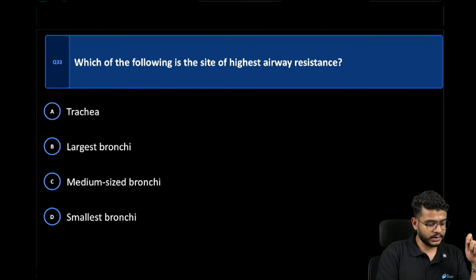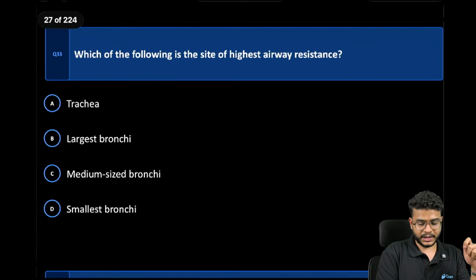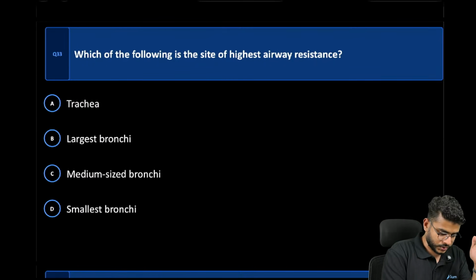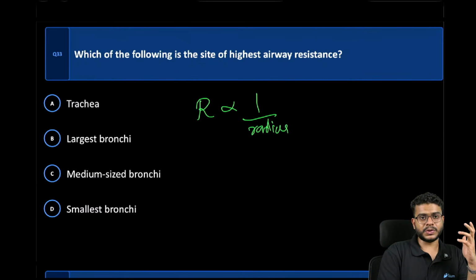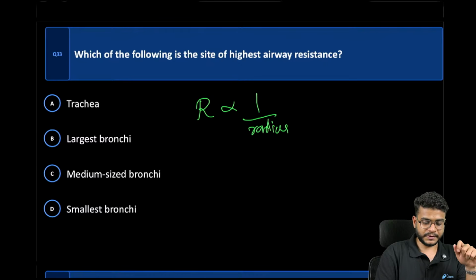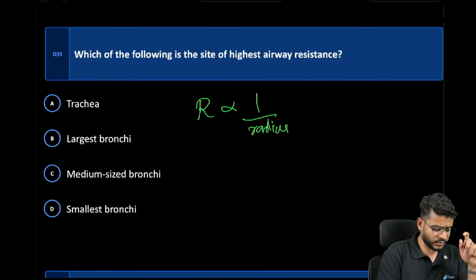Which of the following is the site of highest airway resistance? You should know that resistance is inversely proportional to the radius of the airway. So we'd think the smallest bronchi will have the highest resistance. No, there is a special feature for the smallest bronchi.